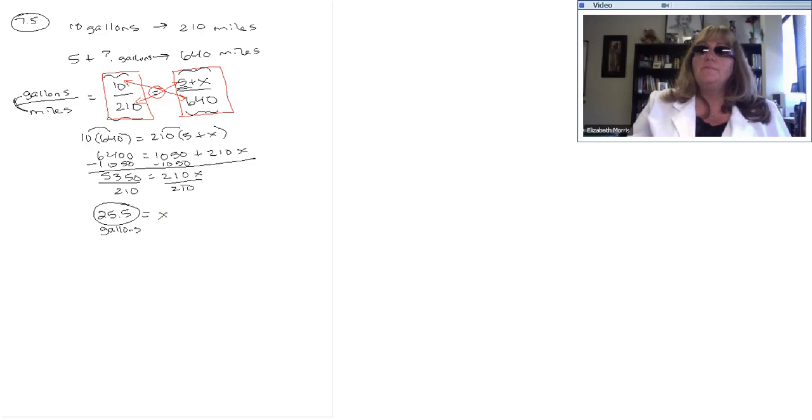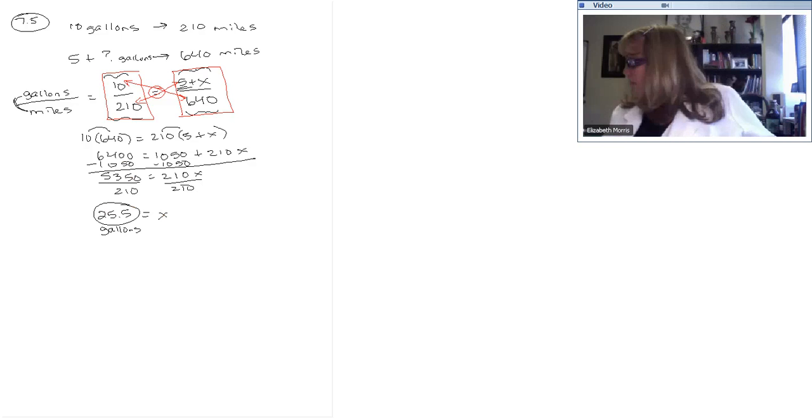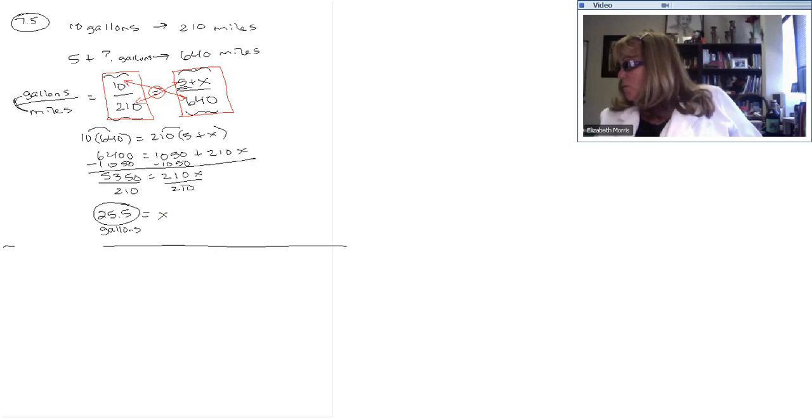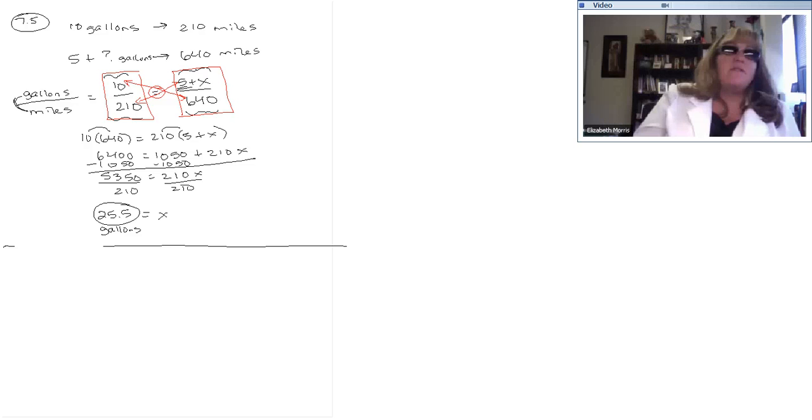All right, let's do another one so you can see how this works. See the pattern, okay? It says on a map of the United States, the distance between Seattle and Durango is 4.125 inches.